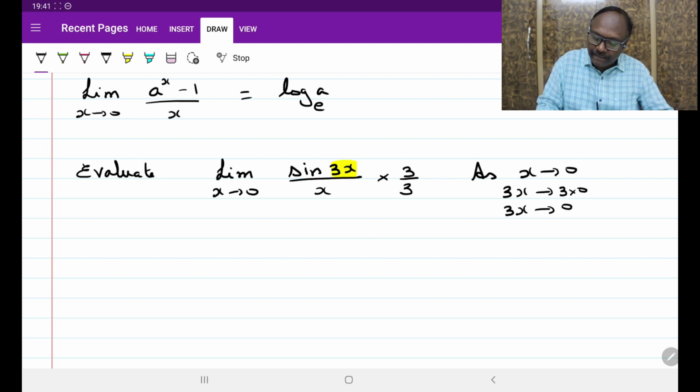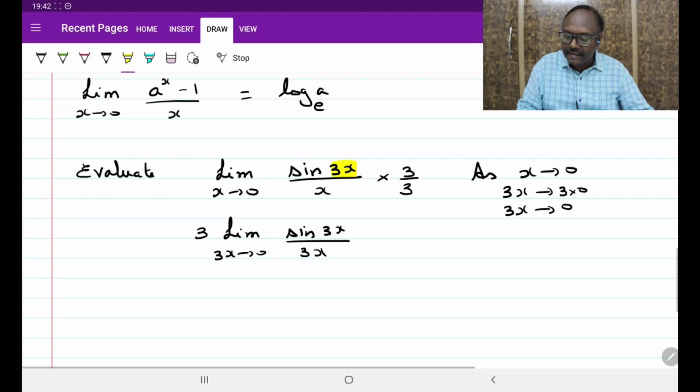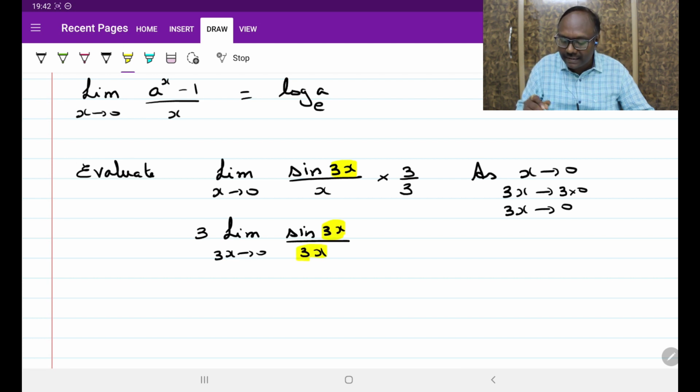So we can write this as 3 into limit 3x tends to 0 sin 3x divided by 3x. Now whenever we are evaluating this limit using this identity, we should take care that the angle, that is 3x, in the denominator should be the same 3x, and 3x tends to 0, then only the answer is 1. So this is equal to 3 into 1 is equal to 3. I hope you understood.